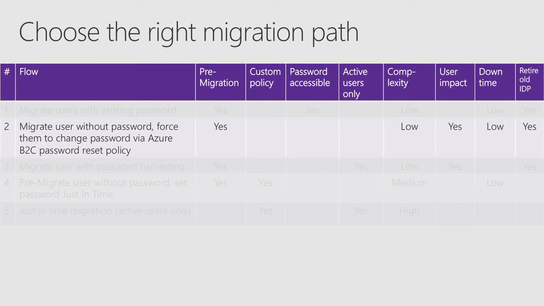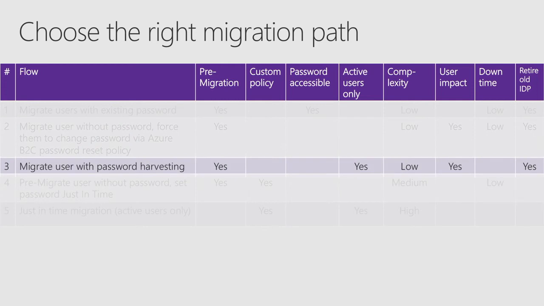You can use built-in policy or custom policy. Users have to go through the password reset process, low downtime. You should prevent users from creating new accounts before go live. And again, you can retire the old identity provider immediately after the migration process. The third one is migrate user with password harvesting.